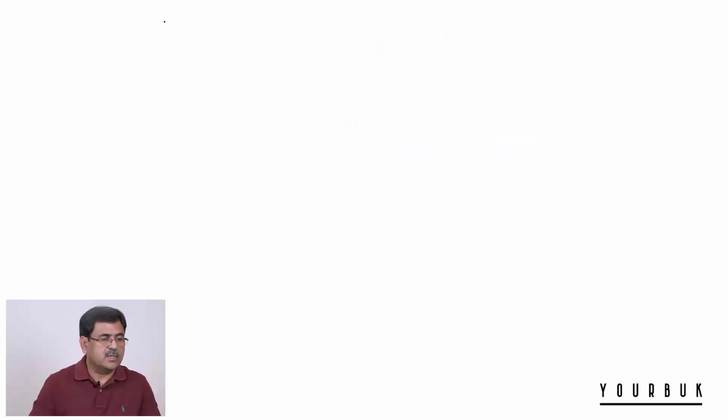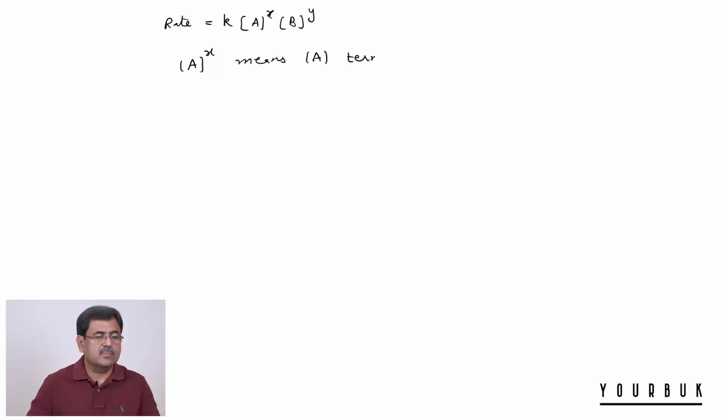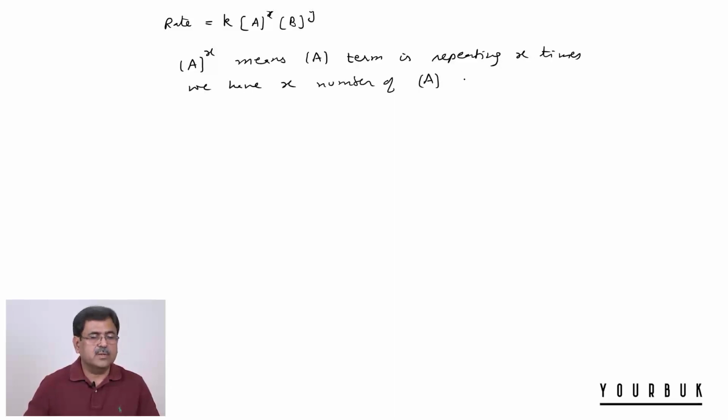And in this rate expression, A raised to power x means that the A term is repeating x times. We have x number of A concentration terms on which the rate of reaction depends.